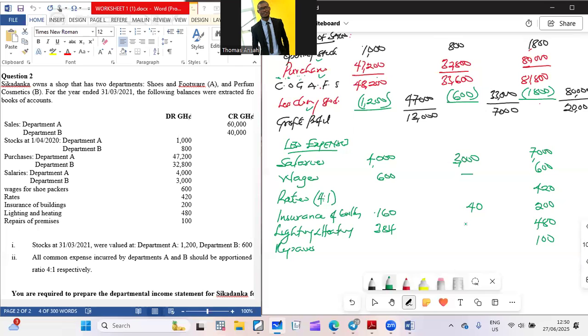Yes, and then Department B is 96. Yes, the next one. Repairs. Department A is 80 and Department B is 20. Rates. Department A is 336 and Department B is 84. Okay, so that's it.